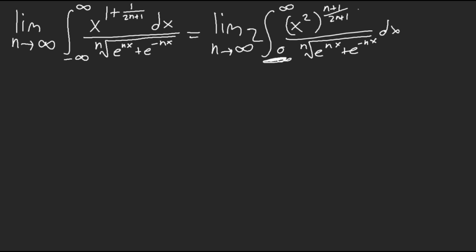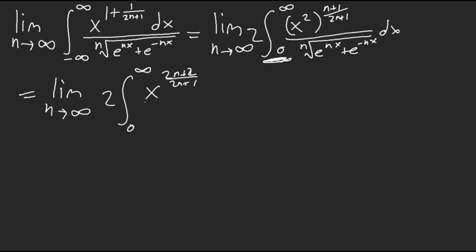1 times 2. Okay. And so now, if you plug in infinity, first off, I like to use negative e to the negative nx so that it converges more. So from the limit to infinity, I'm just going to write it like this.